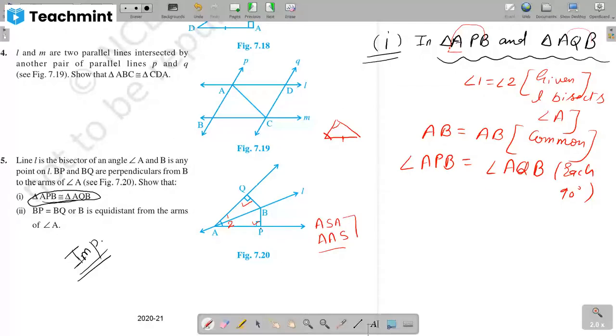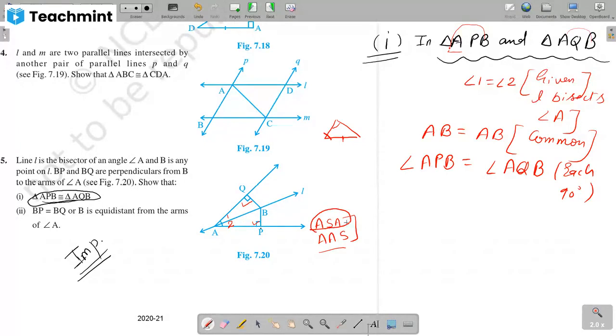Which property, which rule can we apply here? Angle, angle, side: AAS. We have taken AB. Can we use ASA right now?